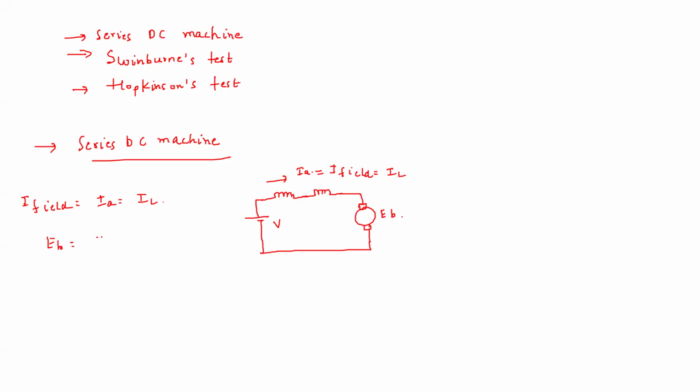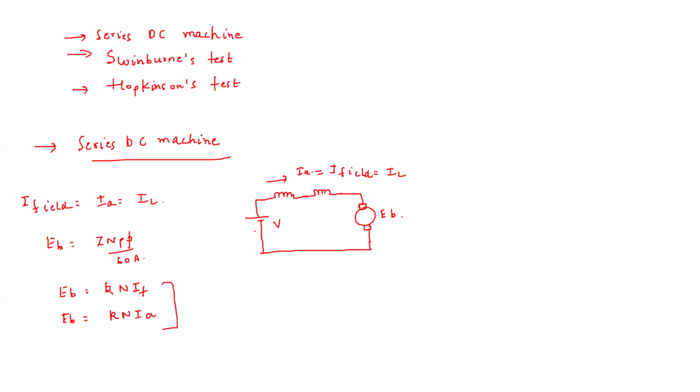EB is ZNP phi by 60A. And we know that EB can be written in terms of a constant like KN IF. So here we see that IF is proportional to IA and IL, so we can write it as KN IA also.